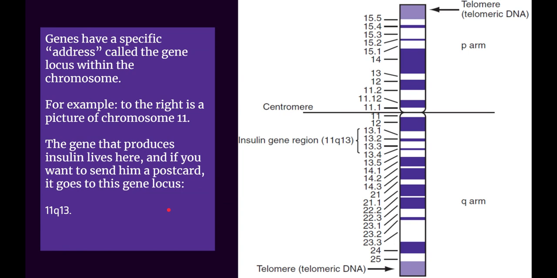So if you wanted to send a postcard to the genes that produce insulin, you'd have to send it to 11q13. And that becomes important to you guys later, because as we can sequence an individual's genome, we can look for errors. And that research guides how medicine develops.